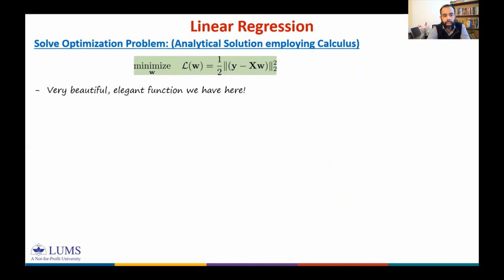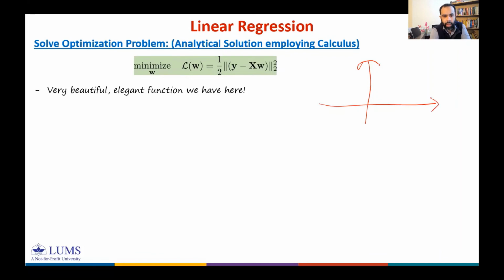In fact, this is a very, very beautiful function. It's an elegant function. It is a convex function. It has one global minimum, no local minima. When you minimize this, you find one value of W for which this loss function is minimized. If I ask you to visualize this, you can visualize this in one dimension, right?